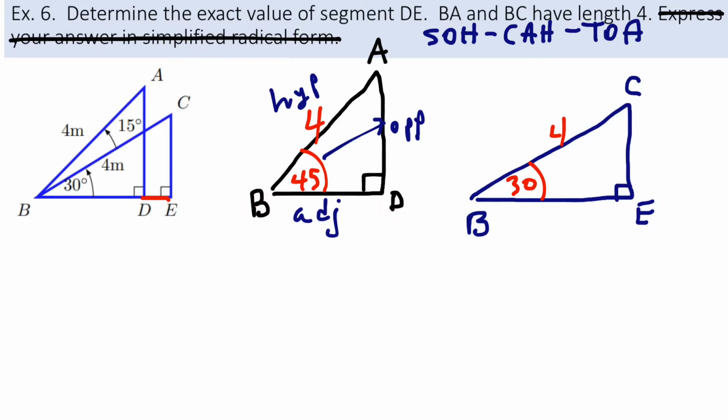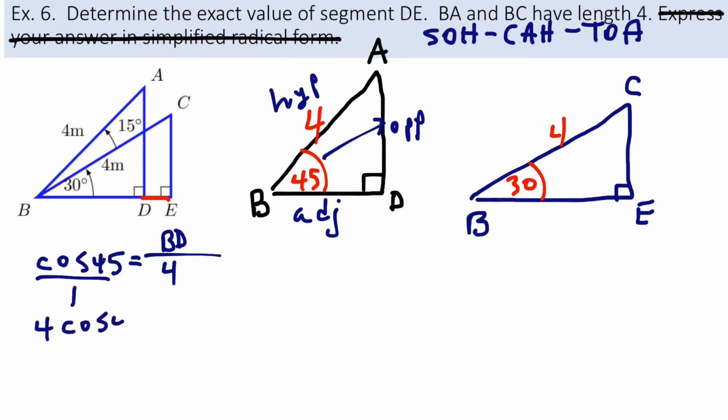So I can say the cosine of 45 is equal to adjacent, so that's BD, over hypotenuse, that's 4. So if I do a cross product here, I've got 4 cosine of 45 is equal to side length BD times 1.